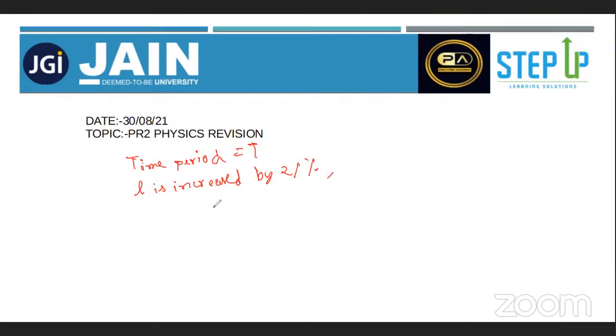So what will be the new time period? What will be the new time period? We have options 22%, 13%, 50%, 10%.